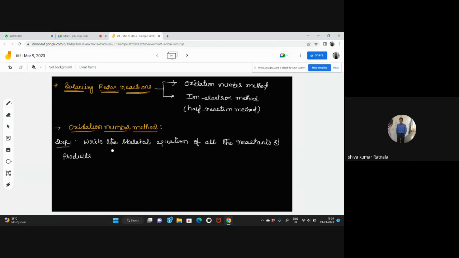Step 2: write the oxidation number of each element.